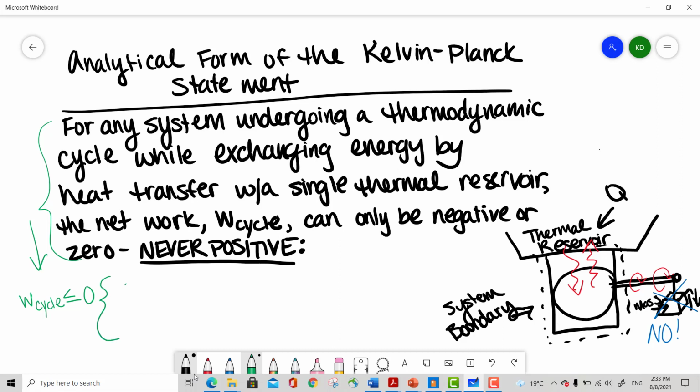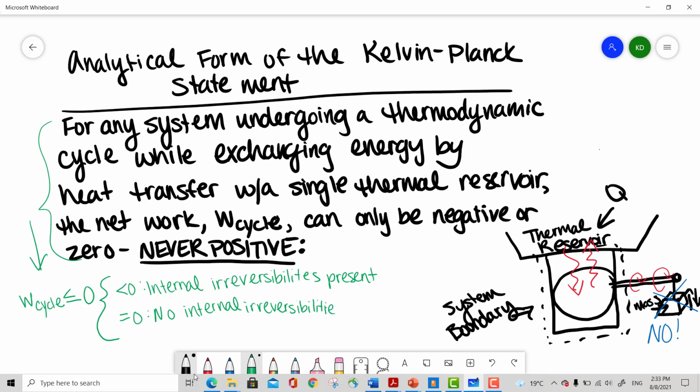Less than 0 when internal irreversibilities are present, and equal to 0 when there are no internal irreversibilities. We'll put this into motion later. Again, this is for a single reservoir.